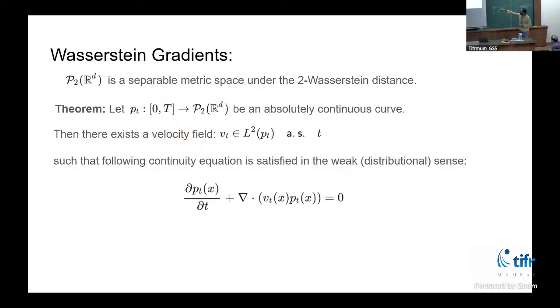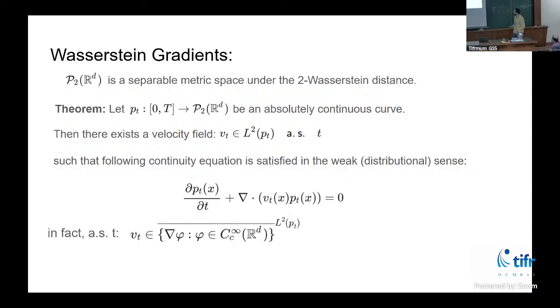Then P_t satisfies this continuity equation. Okay, and there are also theorems which say that if V_t and P_t are sufficiently well behaved, then the solution can be obtained exactly through this equation, right? It's a two-way street in some sense.